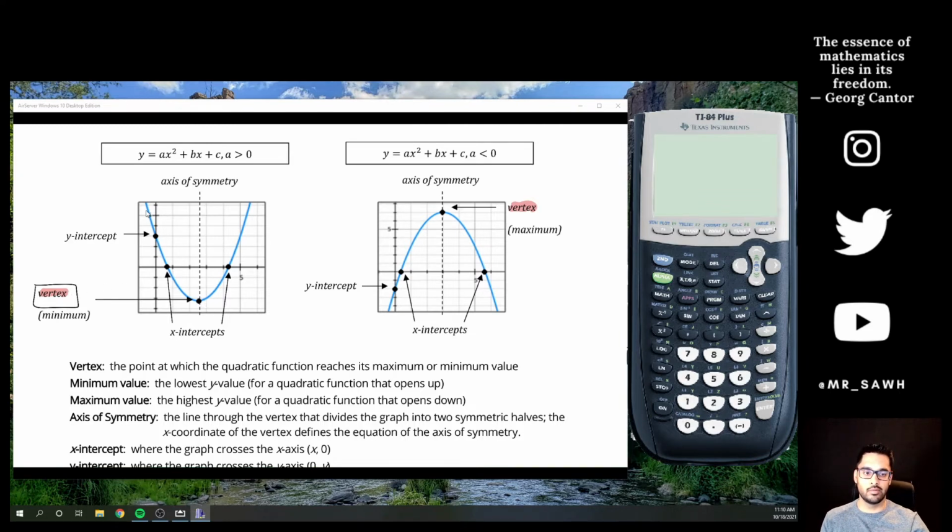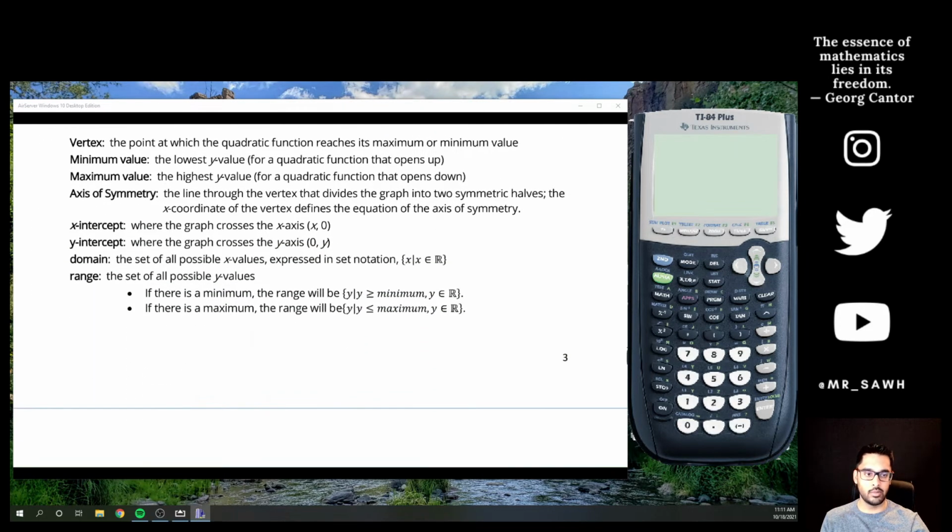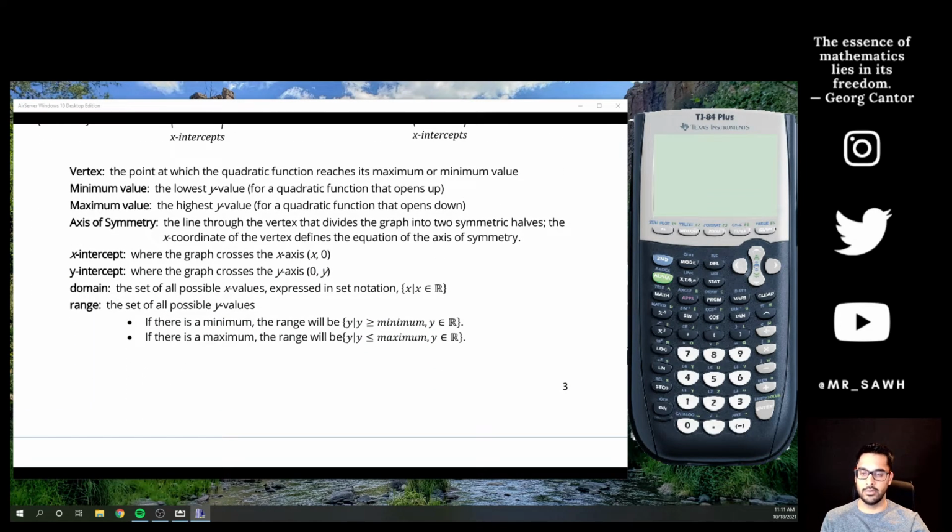In other words, the value of it could either be a minimum, the lowest point on this curve, or the biggest, a maximum, the largest point on that curve. And if I know what the vertex happens to be as a point, as the coordinates, I'm able to find that symmetry line. So there's a lot of definitions here, which we'll talk about throughout this video series.